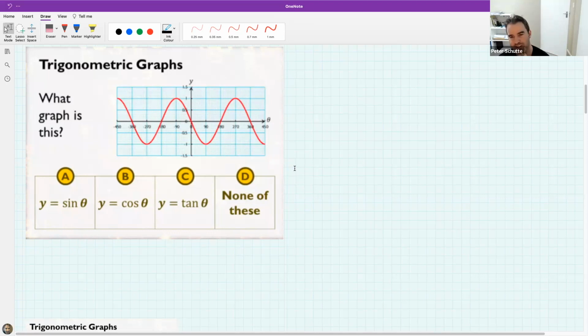This is a little bit sneaky. It's not the cos graph, and most of us know it's not the tan graph. But I want to try something.